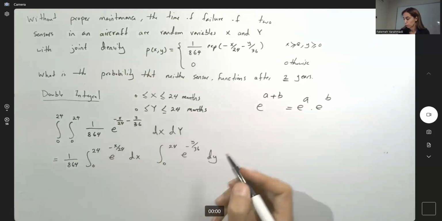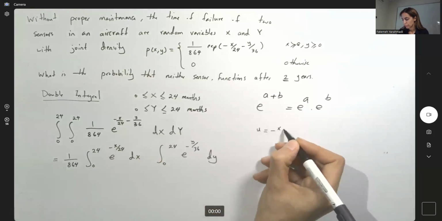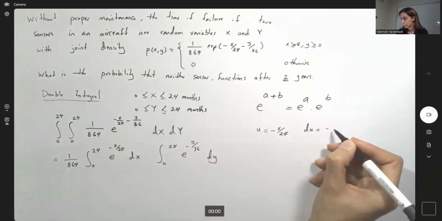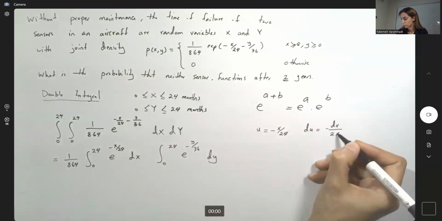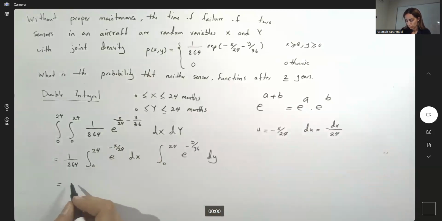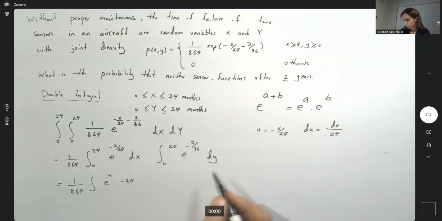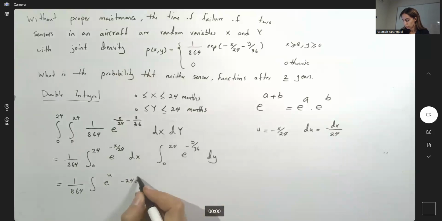For this one or this one, it doesn't matter, you have to use u-substitution. u is equal to negative x divided by 24, and du is negative dx divided by 24. So here you have 1 over 864, and you have the integral e to the power u, and dx is negative 24 du.